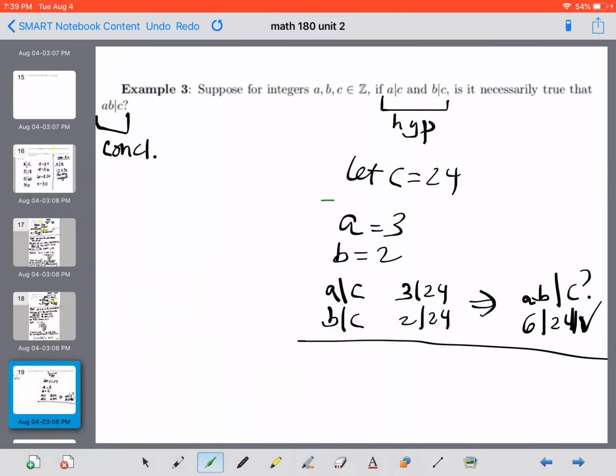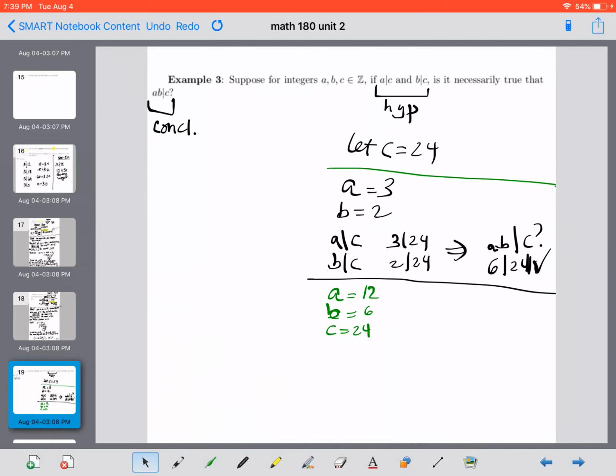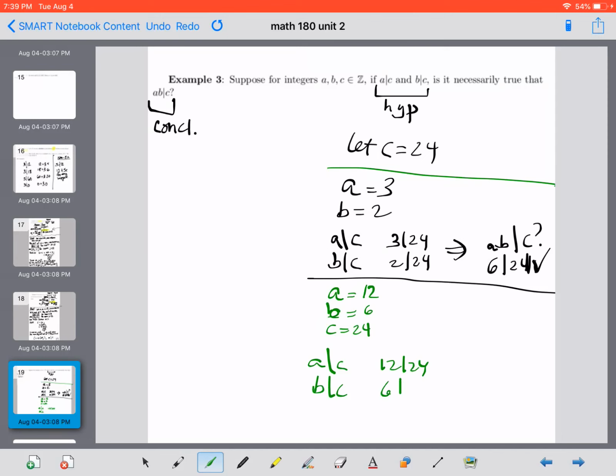So using the same c equals 24, this time what if I let a be equal to 12 and b be equal to 6? Oh, sorry, c is already equal to 24. Right? This certainly satisfies the hypothesis. It satisfies that a divides c and b divides c because 12 does divide 24 and 6 does divide 24.